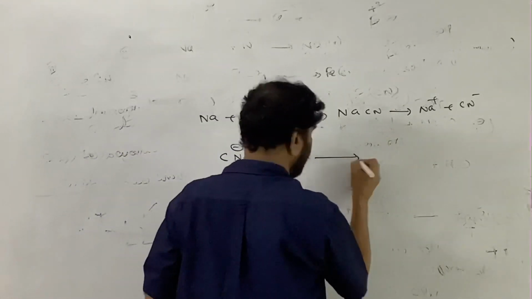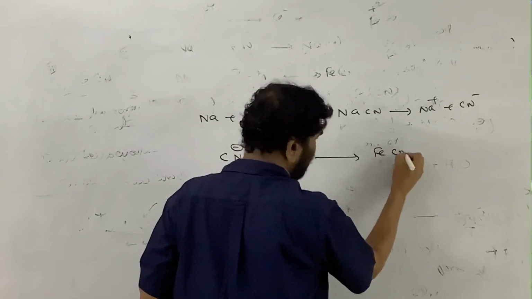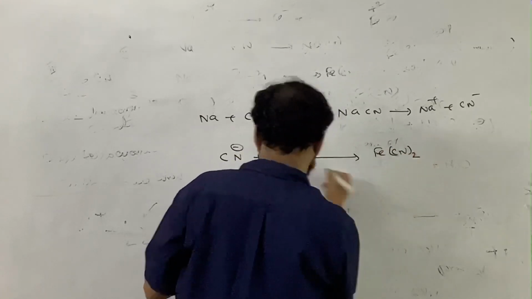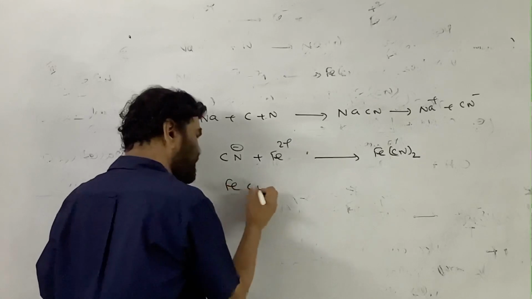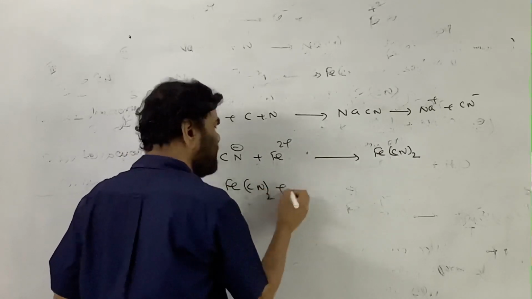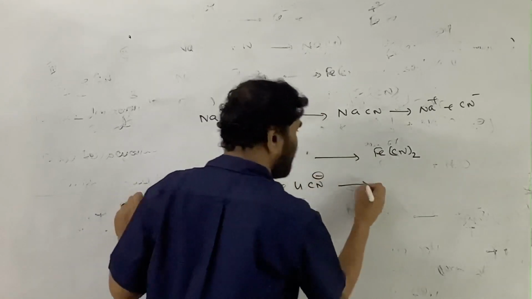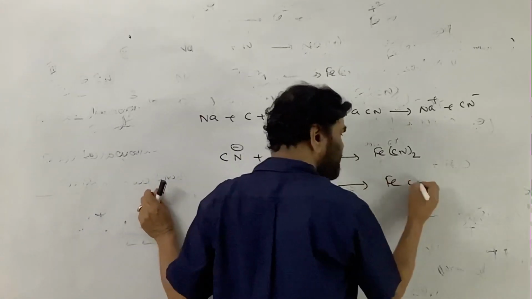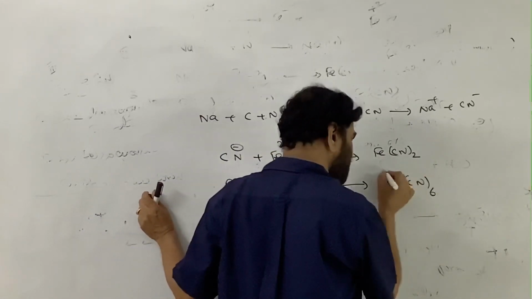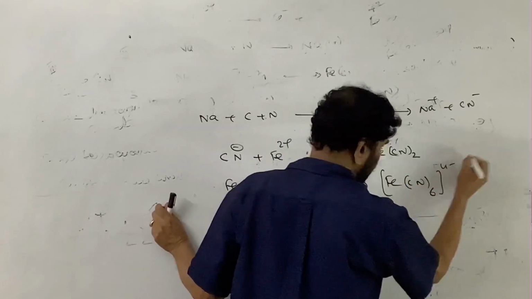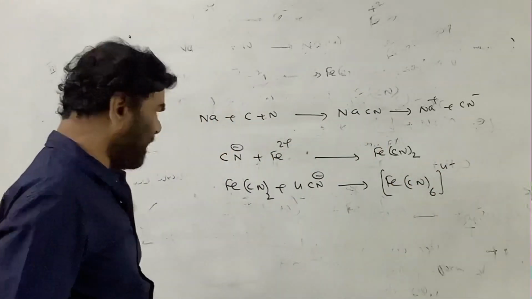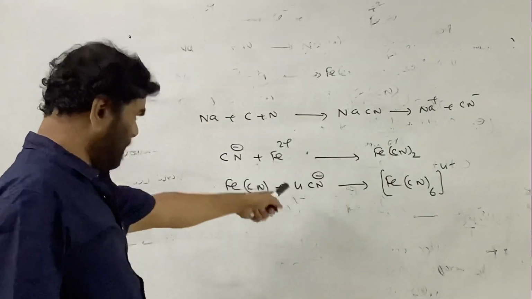This is converted into Fe(CN)2. This Fe(CN)2 further reacts with 4 more cyanide ions and converts to Fe(CN)6 4- ion. Ferrocyanide ion is formed. This is the principle.